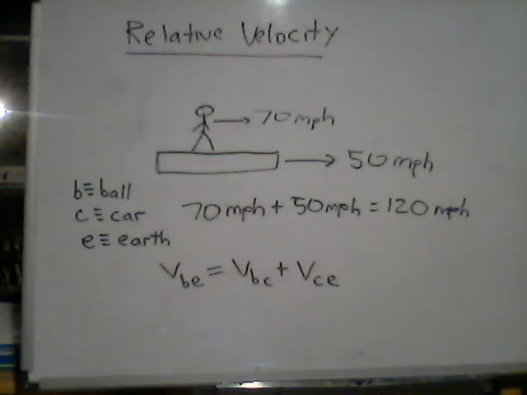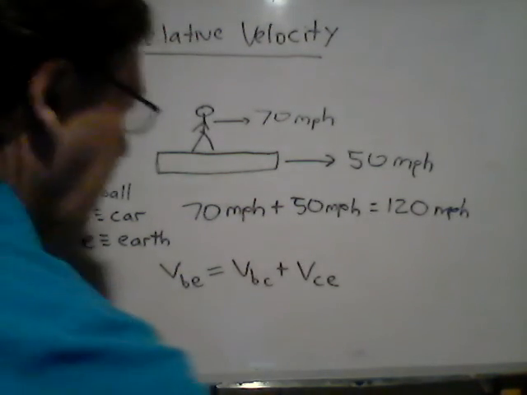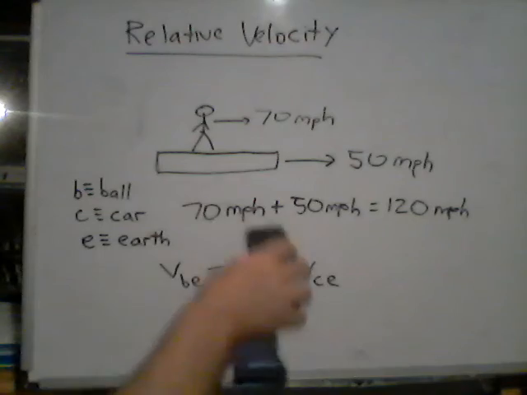Now what I'm going to do, as the last thing we do tonight, or at least in this lecture, is work out a relative velocity problem in 2 dimensions, to show you that in 2 dimensions it becomes a more difficult vector addition. So let's keep this in mind.